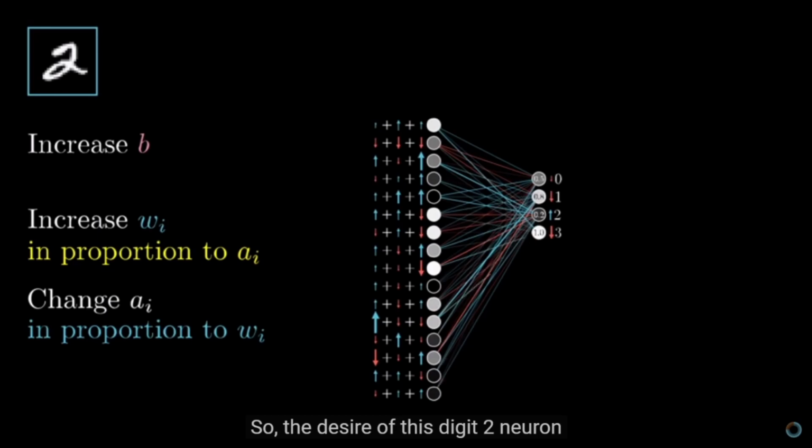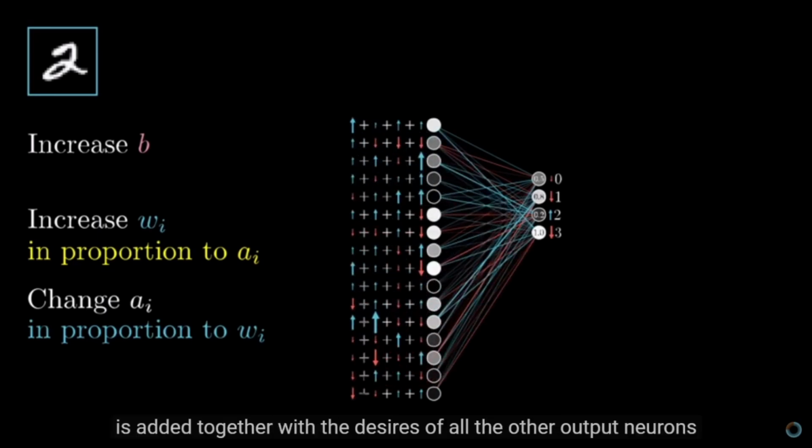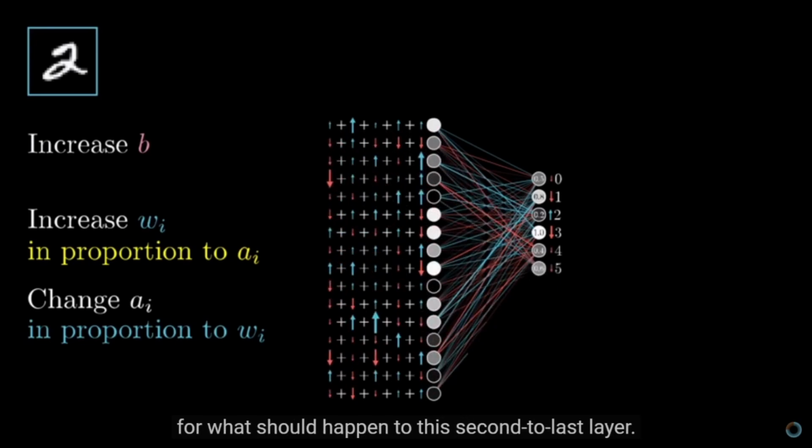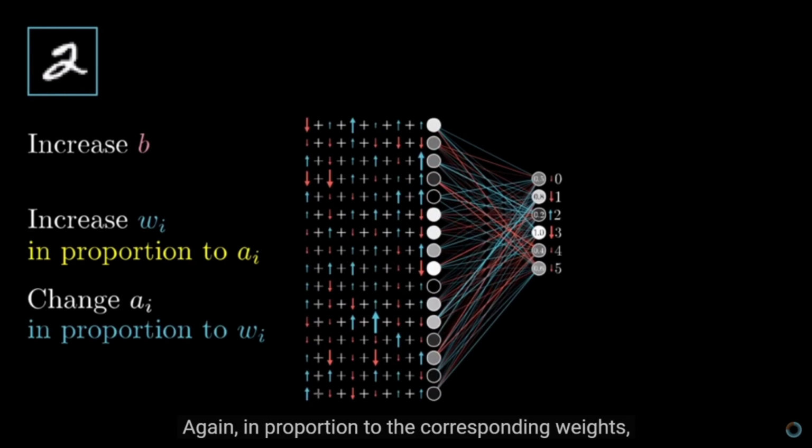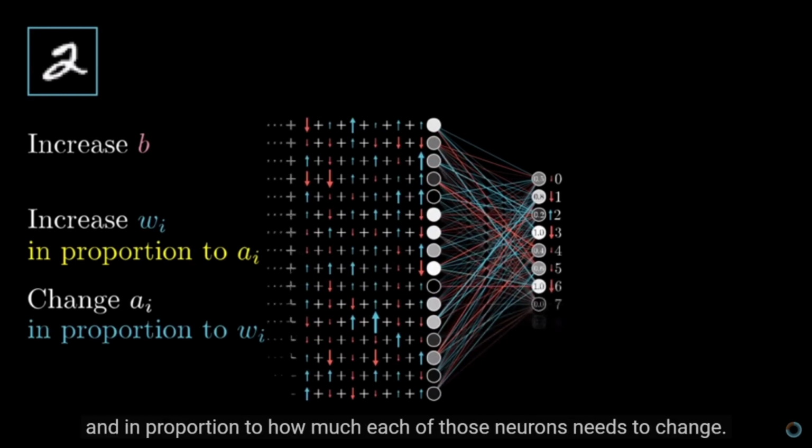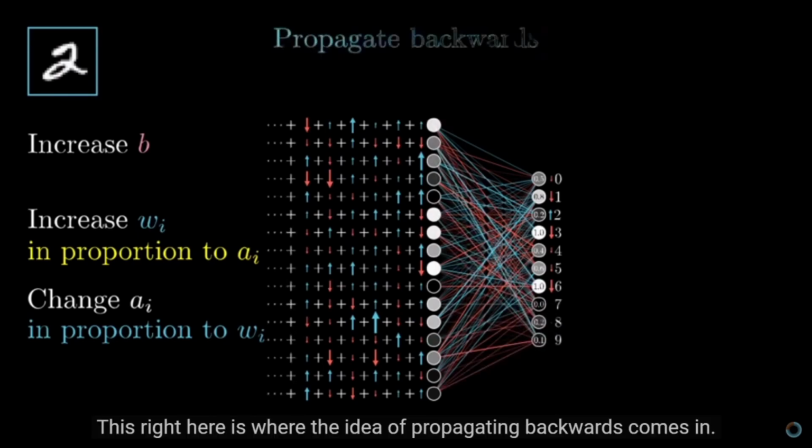So, the desire of this digit 2 neuron is added together with the desires of all the other output neurons for what should happen to this second to last layer. Again, in proportion to the corresponding weights, and in proportion to how much each of those neurons needs to change. This right here is where the idea of propagating backwards comes in.